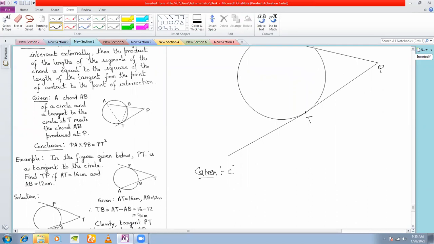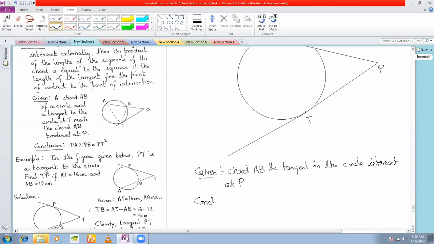Given chord AB and tangent to the circle intersect at P. This is what is given to you.